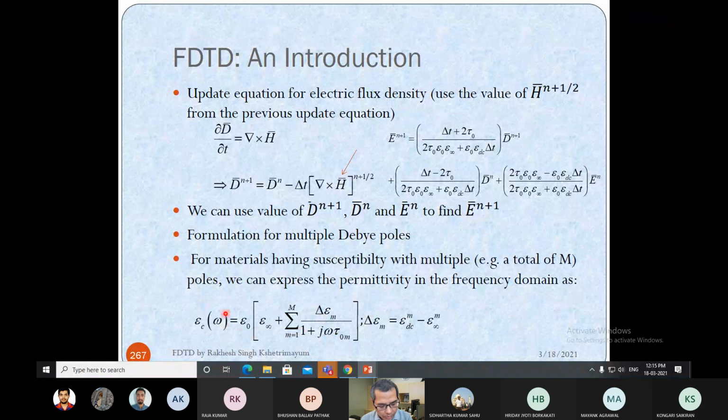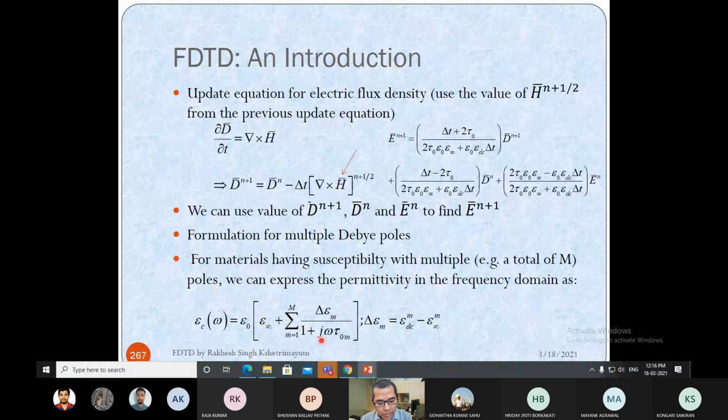Because of that, your complex electric permittivity will have a contribution from the free space, epsilon 0 epsilon infinity. Usually epsilon infinity for practical material is 1. But when you do FDTD simulation, you can assume anything. That's why we have put epsilon 0 into epsilon infinity. This is the contribution from the free space, and this is the contribution from the polarization of the medium.